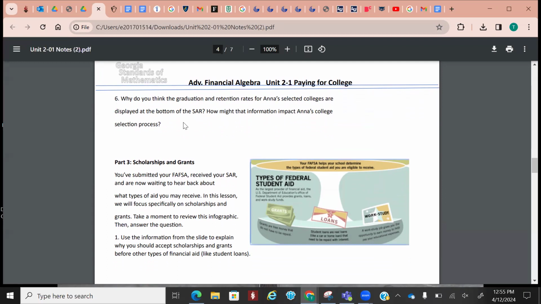So why do you think the graduation and retention rates for Anna's selected colleges are displayed at the bottom of the SAR? How might that information impact Anna's college selection process? I think this helps decide which college to go to.